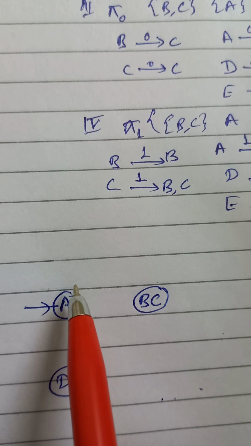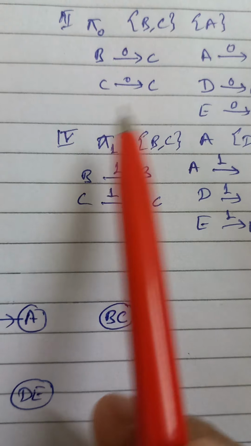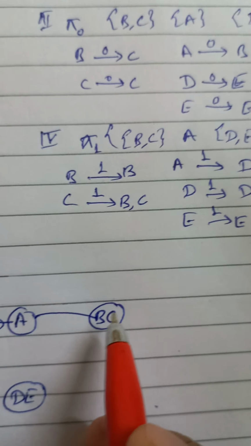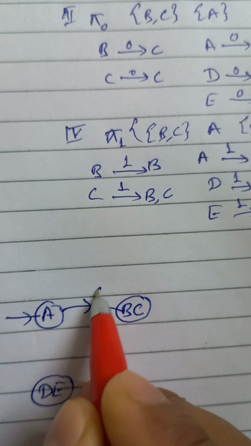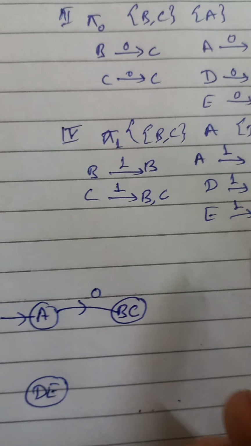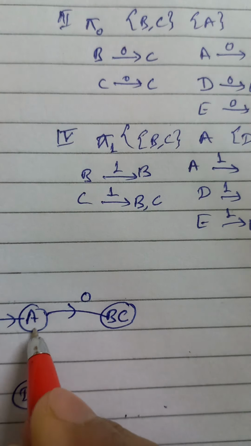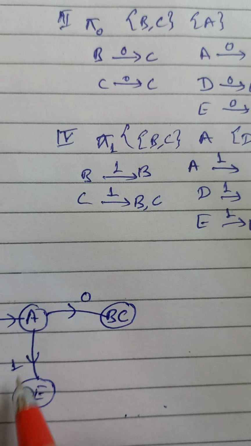A on 0 is heading towards B, so we make a transition like this. And A on 1 is heading towards D, so we make a transition like this.